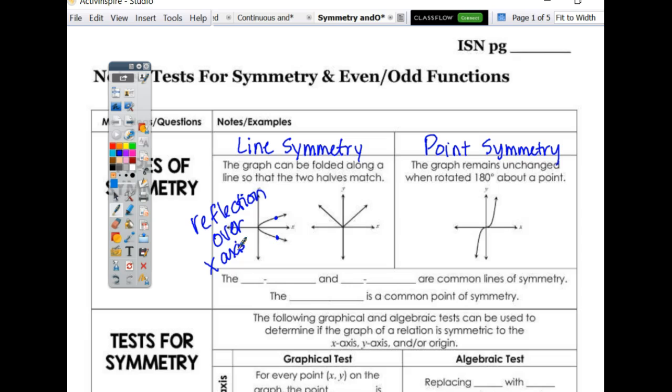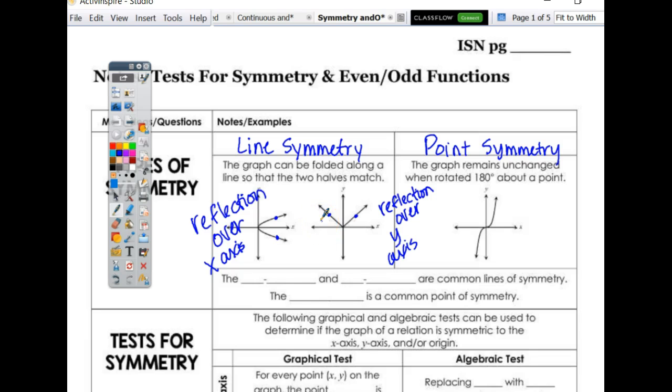So if this is a reflection over the x-axis, this is a reflection over the y-axis. And if it's a reflection over the y-axis, this point and this point, the y doesn't change, but what did change?